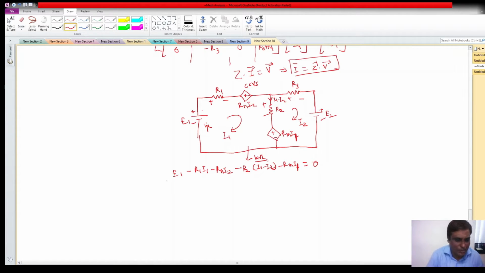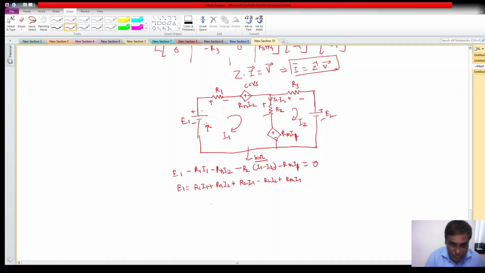Let us write it the other way. E1 will be equal to R1 I1 plus Rn I2 plus R2 I1 minus R2 I2 plus Rm I1.